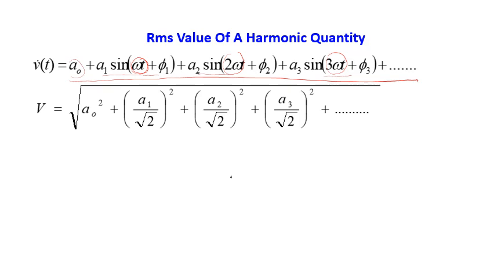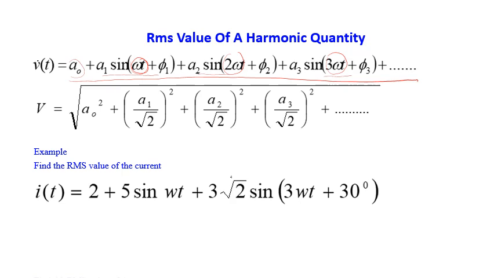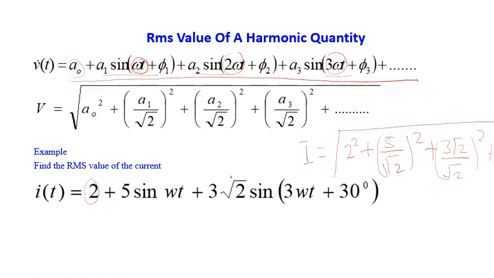So I want to take an example, then we'll use it to understand. In this question, they are saying we should find the RMS value of this waveform. We can say our I is equal to the square root of, the 2 is a DC component, so it becomes 2 squared, plus 5 over root 2 all squared, plus 3 root 2 over root 2 all squared, all under the square root.